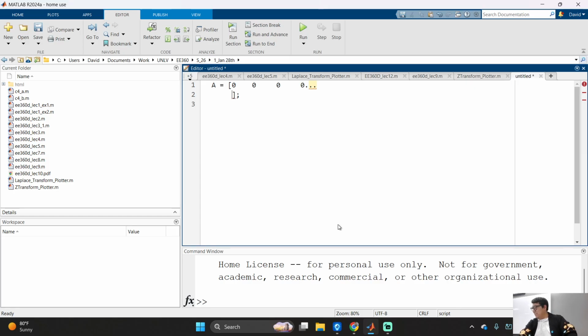If it doesn't work, I'll be angry. 1, 0, 0, 0. That should work. Why is it not working? Use of 2 dots is invalid. What? No, this should work.